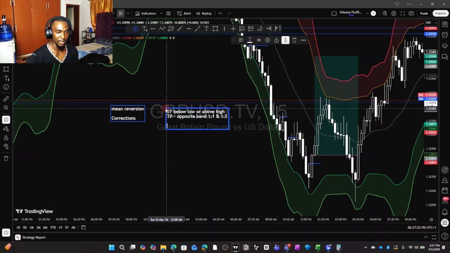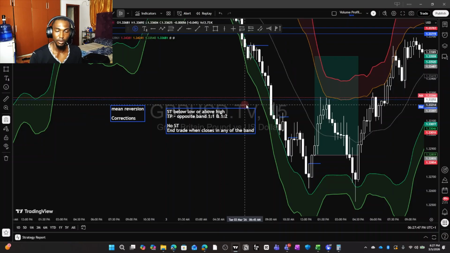The same strategy has a second way of trading it, which is no SL, that is no stop loss, and then only end the trade when price closes in any of the band. What does this all entail?